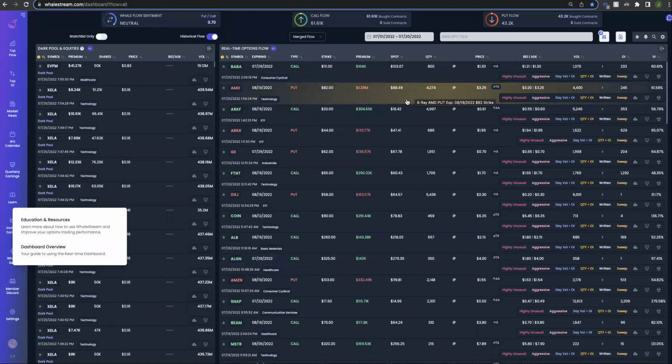But the golden sweeps are over 1 million, they have to have the quantity over OI, and they need to be a sweep. So those are pretty common on flow platforms, that people point out the golden sweeps. They do have a really good success rate, especially when they're in combination with something like a highly unusual.